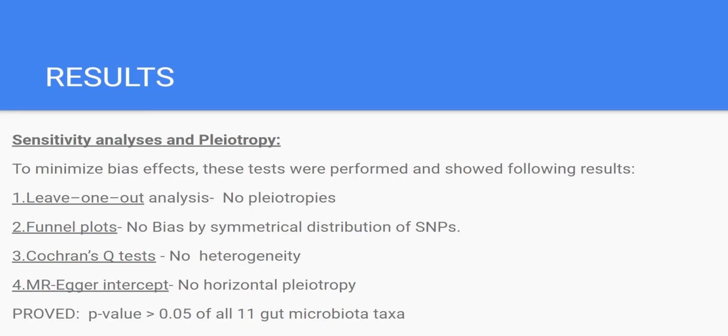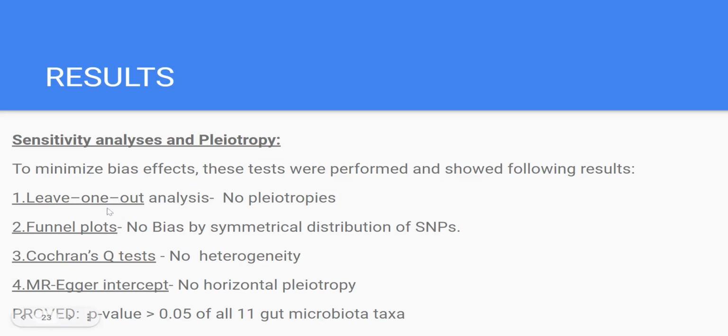Okay, so here in the results, after all these analyses that they did, like IVW, WM, MR-Egger, all these evaluations, after the MR they did the sensitivity analysis and the pleiotropy analysis. To minimize the bias effects, these tests were performed and showed the following results.